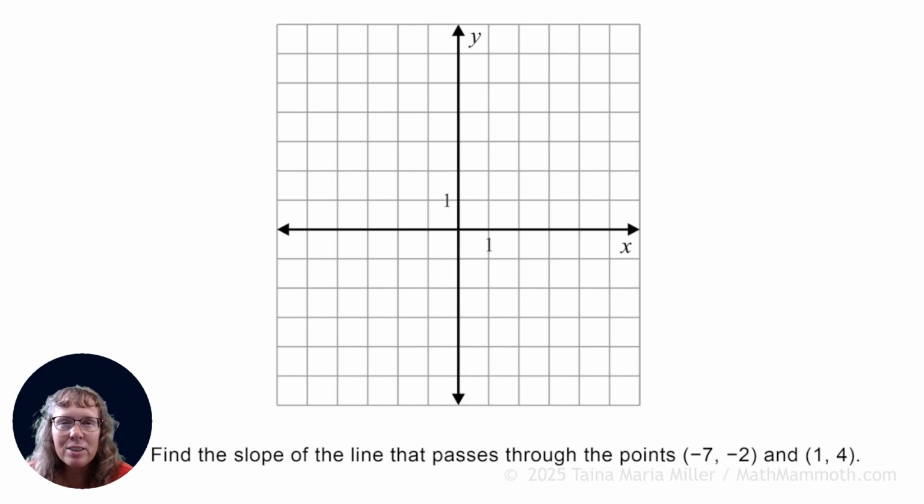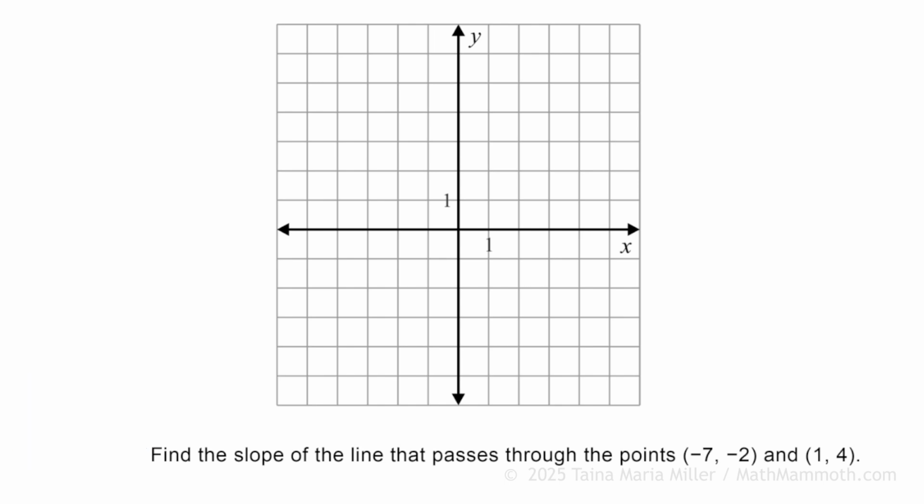Lastly, find the slope of the line through 2 given points: -7, -2, and 1, 4. 1, 4 I can draw here. The -7, -2 I cannot. It's here, it's -7, -2. Well, I kind of can, yes.